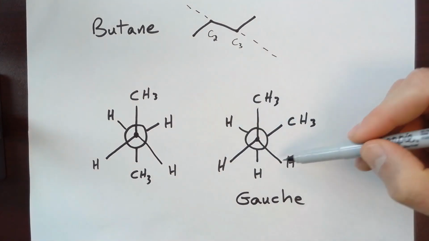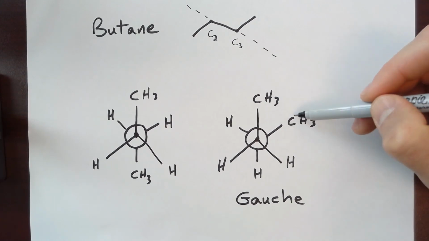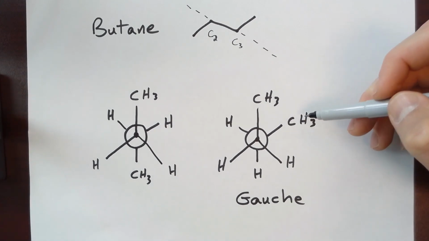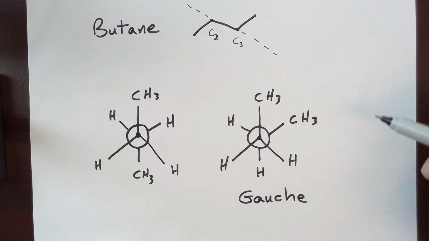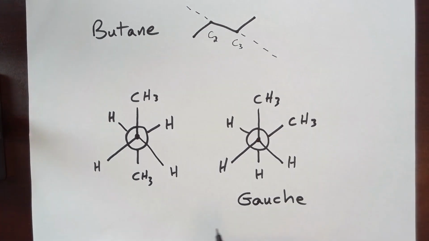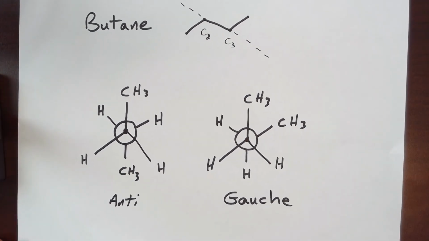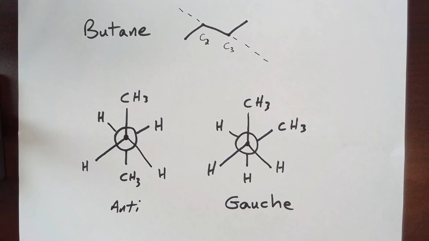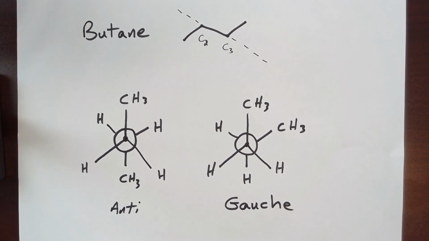So this is a staggered configuration where the methyl groups are as close as they can be in a staggered configuration. It's called the gauche configuration. So with butane, there are actually 2 staggered configurations. One of them is called anti, and the other is called gauche.